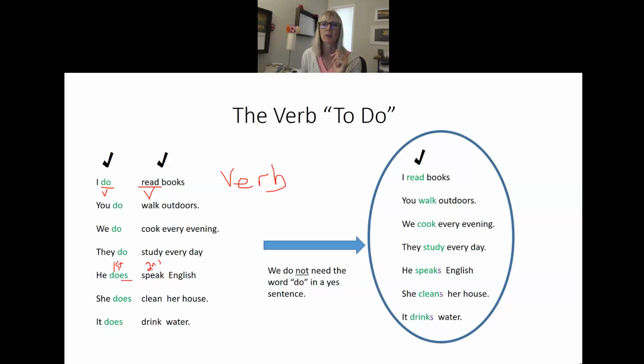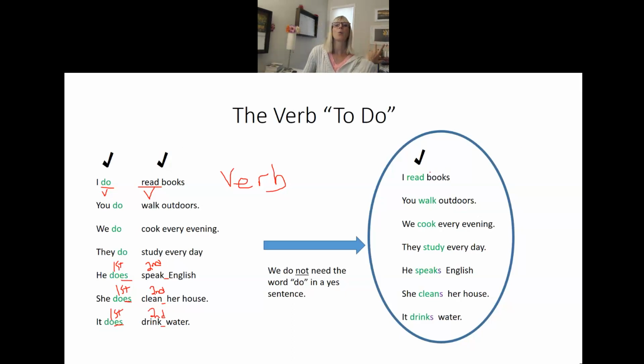The second verb, no change. First verb, S, ES here. Second verb, no change. And first verb, second verb, no change.